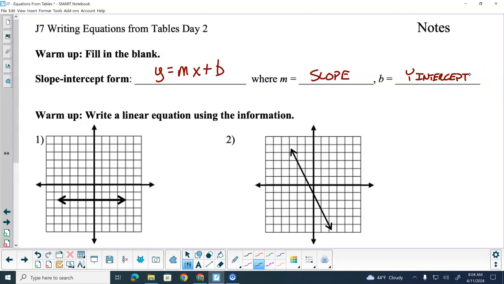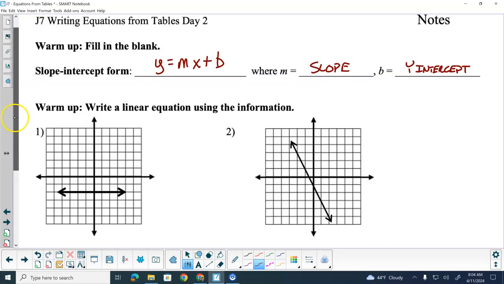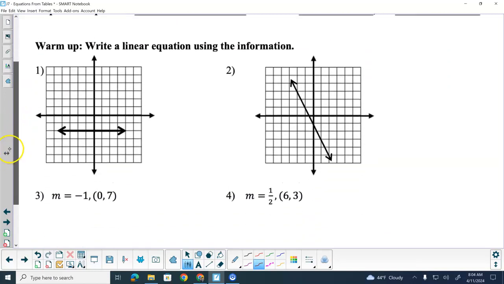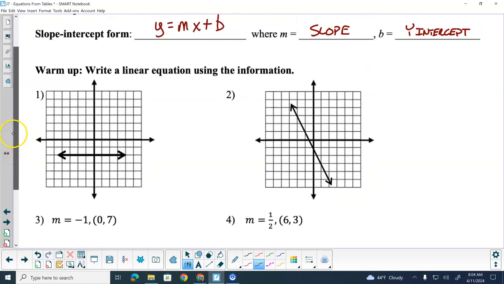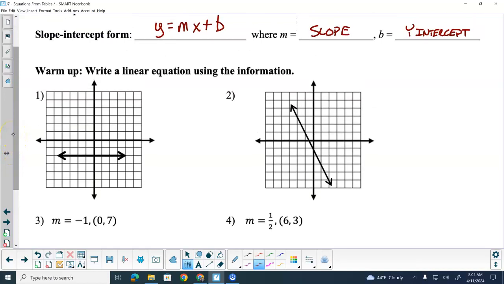Okay. If you could at this time do the 4 warm-up problems that are right here. There they are, all on one screen. Where should we start?